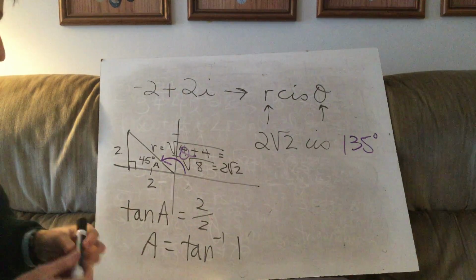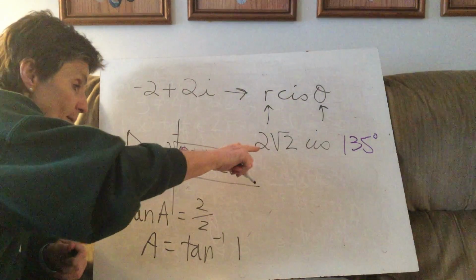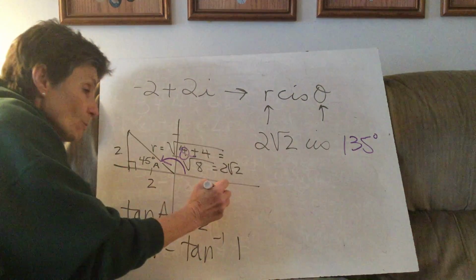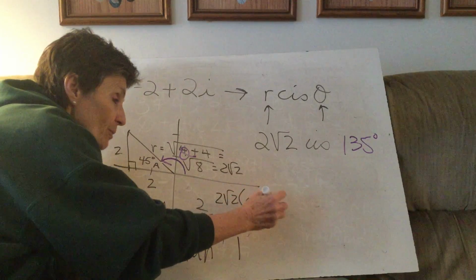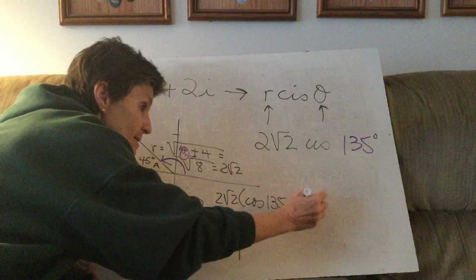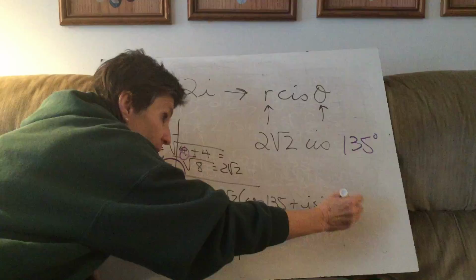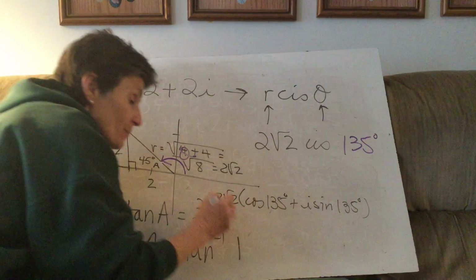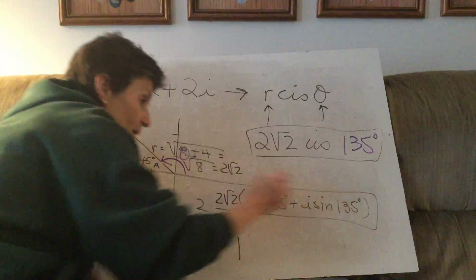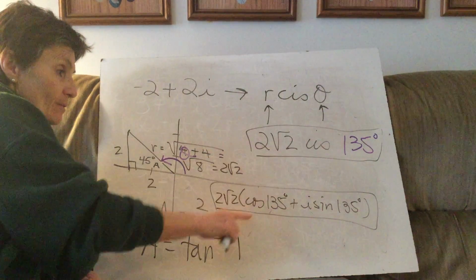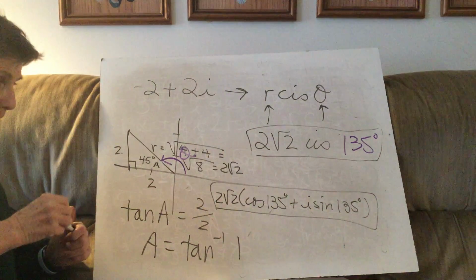And again, you can write your answer with the shorthand, or you can write it out longhand, which would be 2 root 2 cosine 135 plus i sine 135. I don't care which way you write it. This is fine, and this is fine. This is the shorthand. This is the long version.